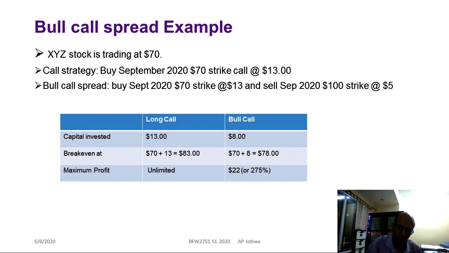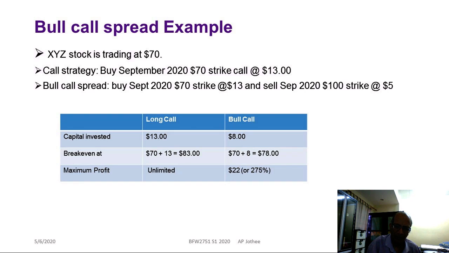But if you buy a bull call spread, you have bought a call at 70 and sold another call at 100, right? So by paying $13 for your long call and receiving $5 from your short call, your premium is subsidized to $8 only. Therefore, you will start making profit when ST goes up by $8 to $78, you're already in the profit region.